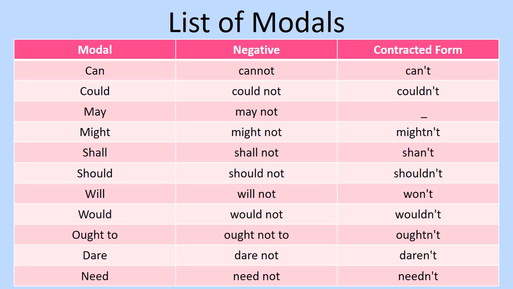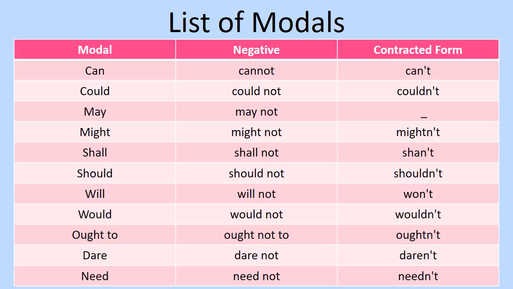Now, these modal verbs can be converted into negative, and when we change a modal verb into negative, it can also be written in the contracted form. For example, can, negative is cannot, and contracted form is can't. Same way, could, negative is could not, and the contracted form is couldn't.